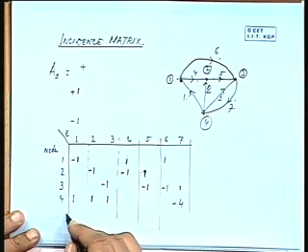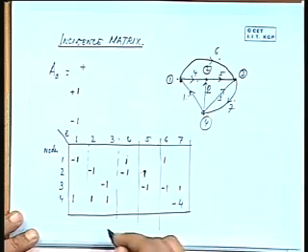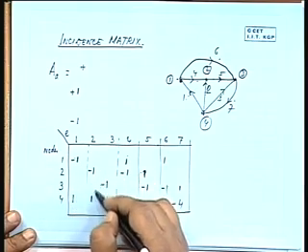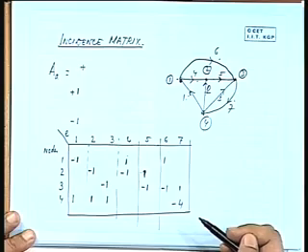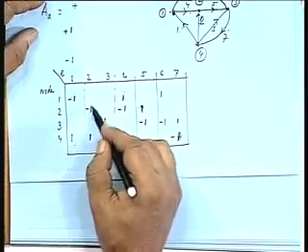Is that okay? Now you see, if you add the columns, they are all zeros. Is it not? -1 -1, sorry. So, they will be summing up to 0.